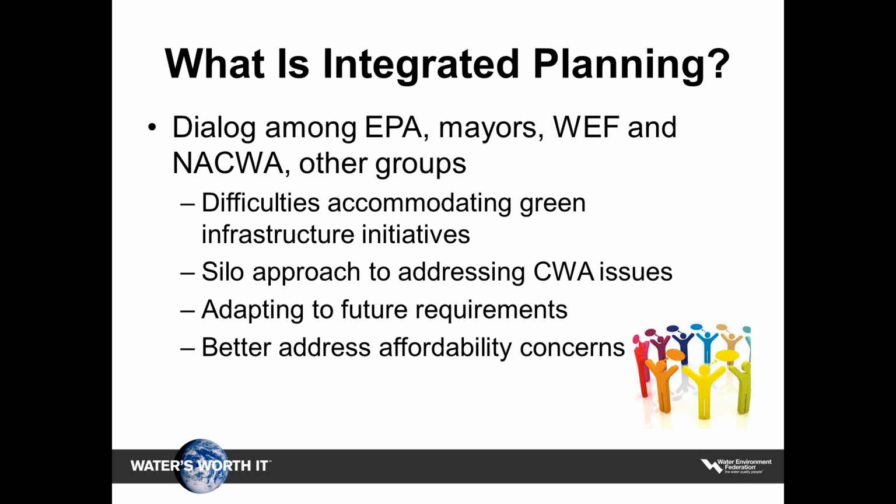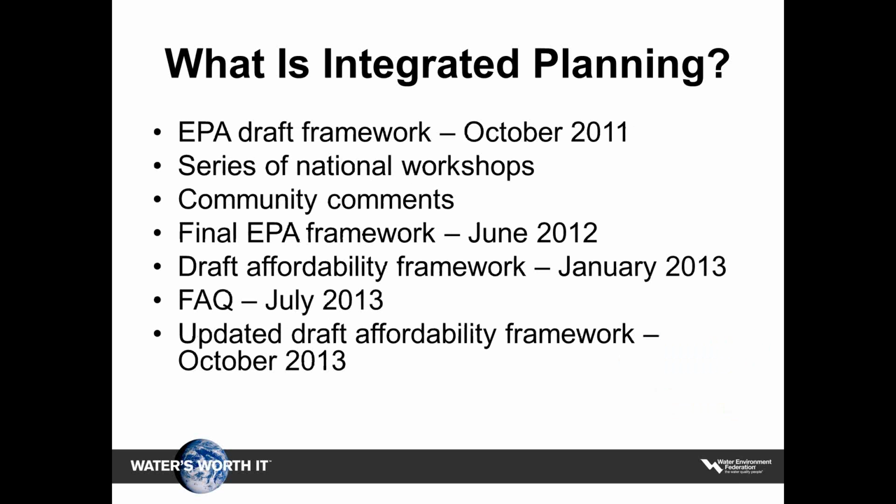So from this dialogue, EPA actually responded to the concerns that were raised by communities through the mayors, through WEF, through NACWA, and other organizations. What you see here is a timeline. They worked fairly quickly. We saw a draft in October 2011. There was a series of national workshops that WEF and NACWA helped to host. And the agency accepted comments and came out with the final framework in June 2012.